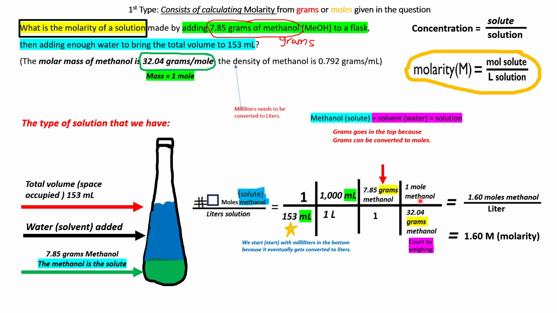From here, all I have to do is the math, and my answer comes out to be 1.60 moles of methanol per liter, which is equivalent to saying 1.60 molar, or 1.60 molarity is the molarity of this whole concentration here.